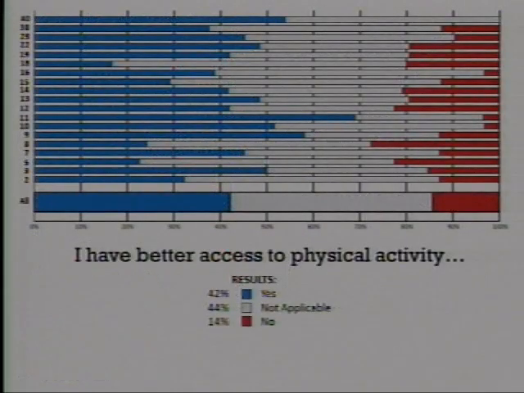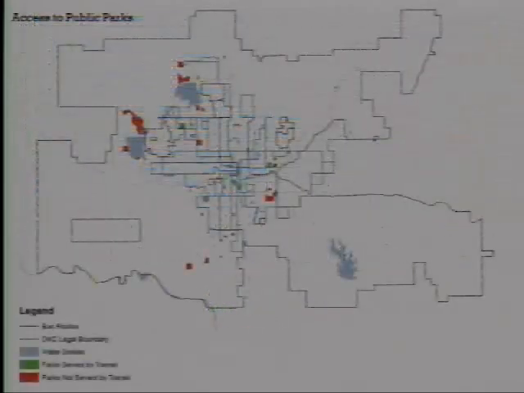And on this question, with regard to physical activity, more people replied that it's not applicable to their use of transit than replied that it had improved their accessibility. So from a public health perspective, with the focus on obesity and diabetes and things like this that we're trying to make improvements on, that may be an opportunity to find ways to encourage people to use the bus to get to physical activity opportunities, whether that's parks, gyms, or trails.